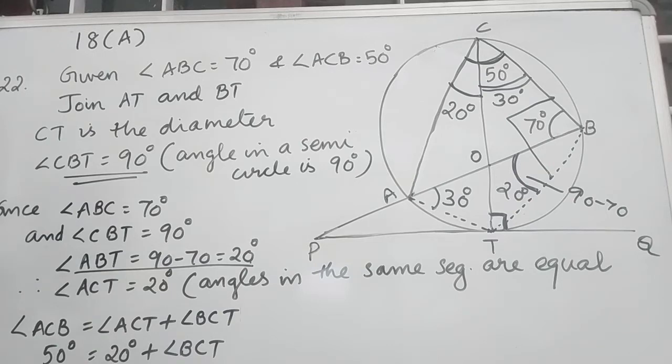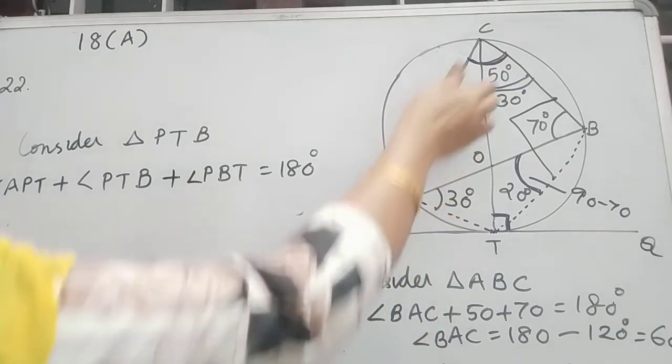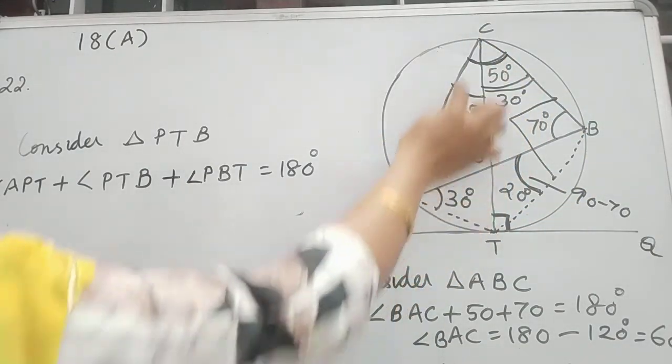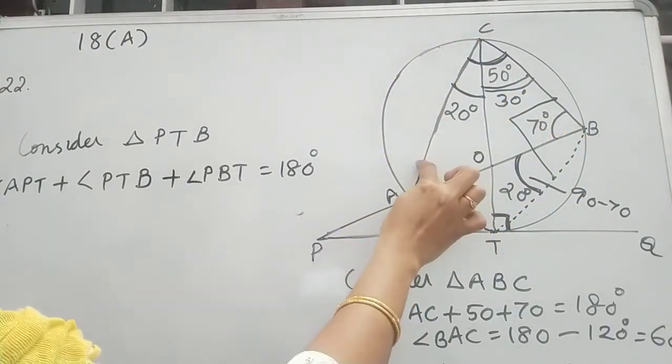Next we want to prove the third part. For proving the third part, consider triangle ABC. Angle BAC we don't know.